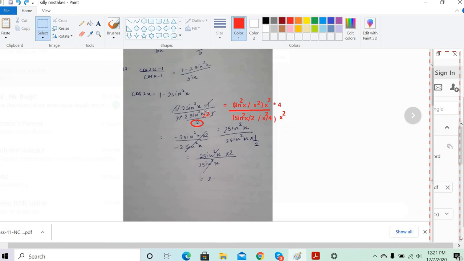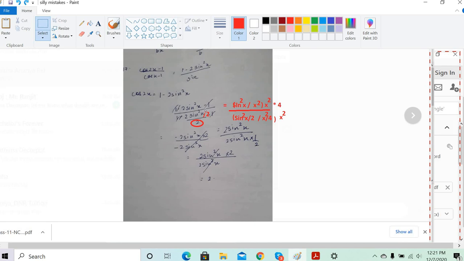Next, in the denominator we again want to apply the limit for sin square x by 2 divided by x by 2 whole square, because the angle is x by 2, so down also the angle should be x by 2, then only you can apply the limit. Since it is sin square, everything has to be in the square, so it will become x square by 4.